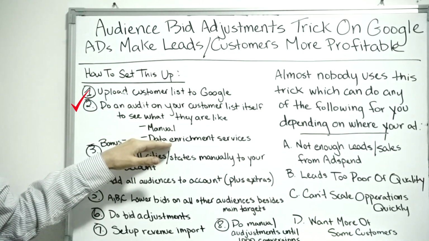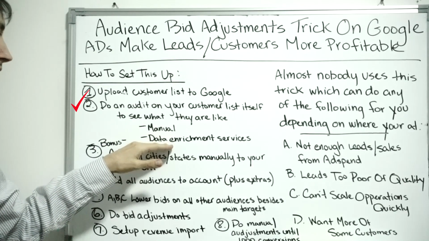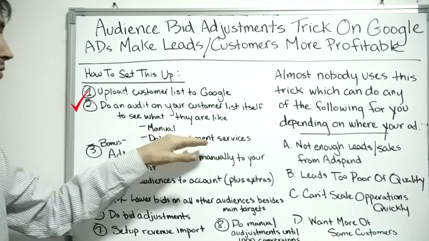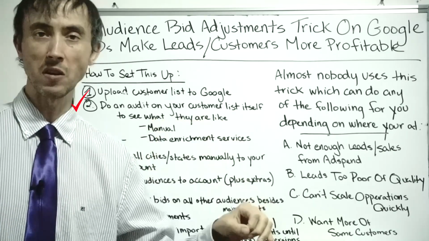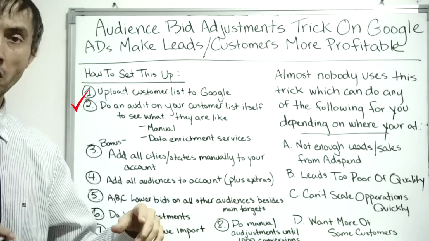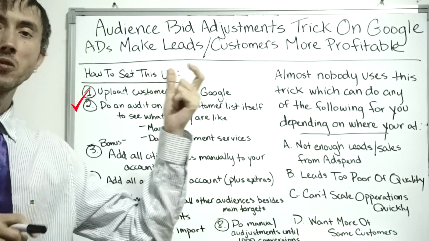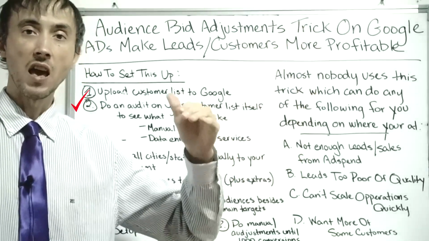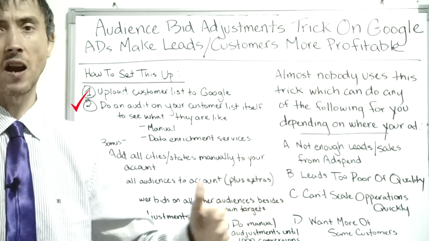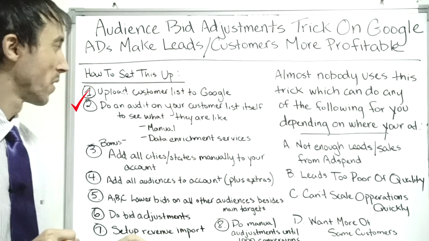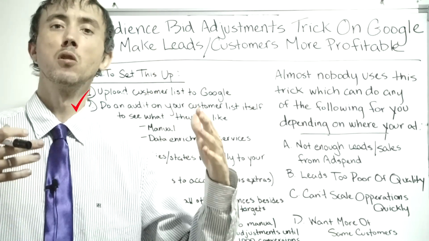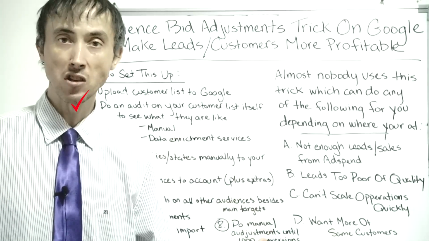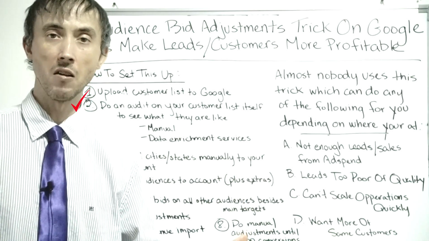But also, this is something very few people do, and I love doing this for companies that we're helping: data enrichment services. Go to Google, type in data enrichment companies. You could literally take that same top 20% of your customer list that makes you the most money, in terms of they spend the most money and/or are the easiest to deal with, however you define the best customers, and give that list to the data enrichment service, and they'll tell you a lot more information about what makes those people similar.